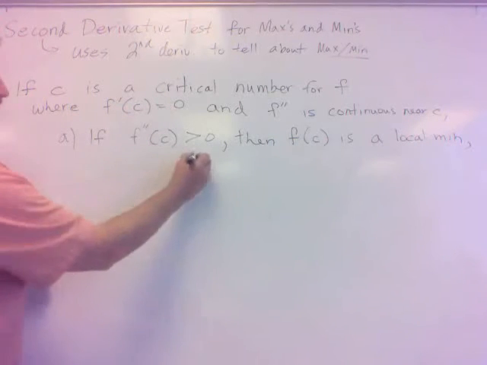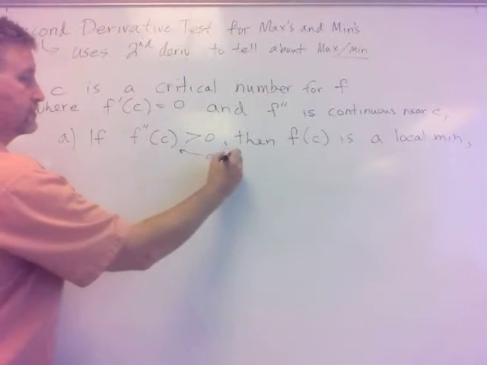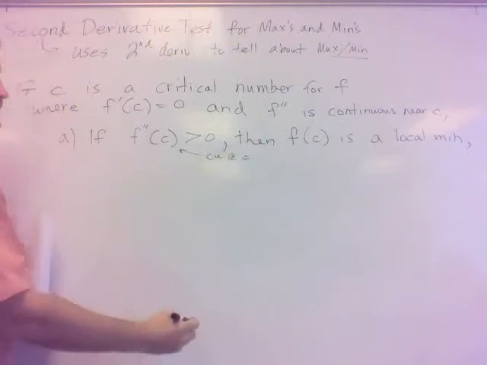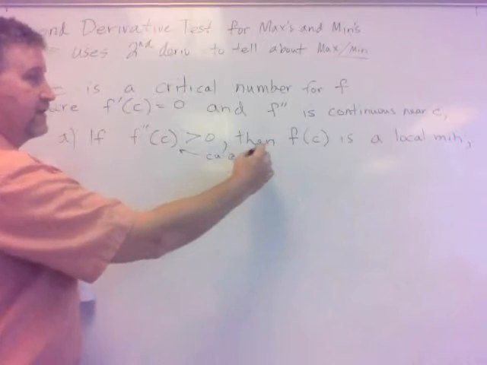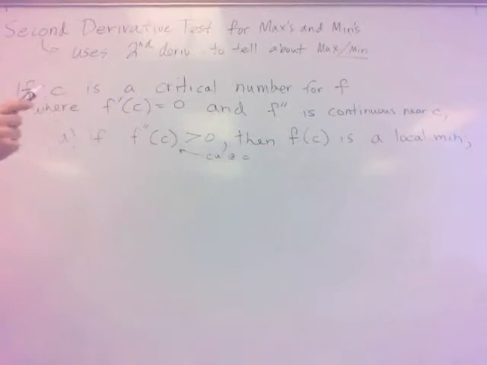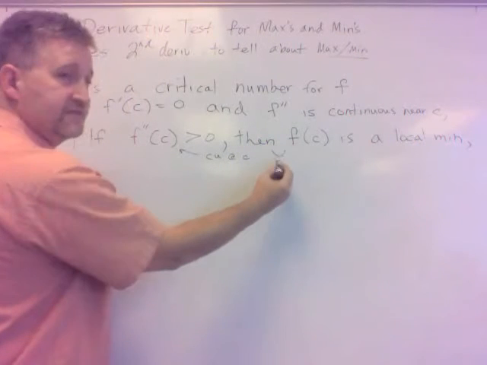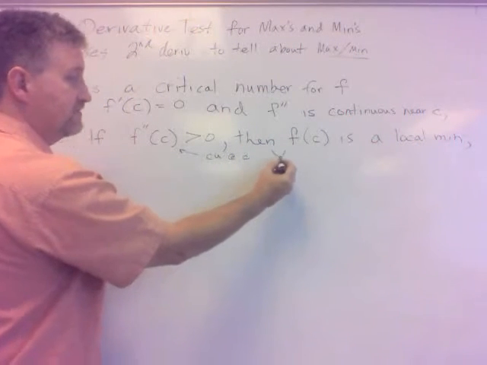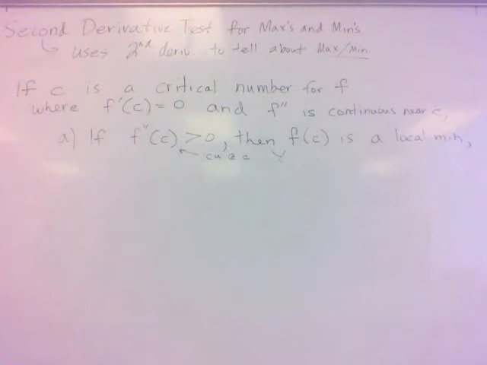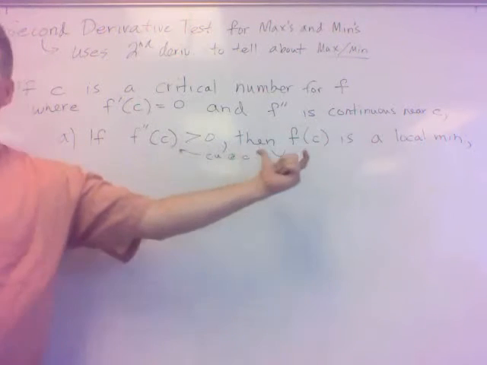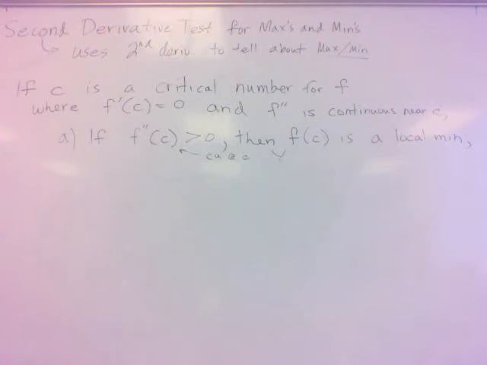So we've got concave up at C. Well, if I've got concave up, and we know it's a horizontal tangent, here's C. Doesn't C have to be the low point? Because that's concave up. And so that's why if you evaluate the second derivative at C and it's greater than 0, it's a local min.